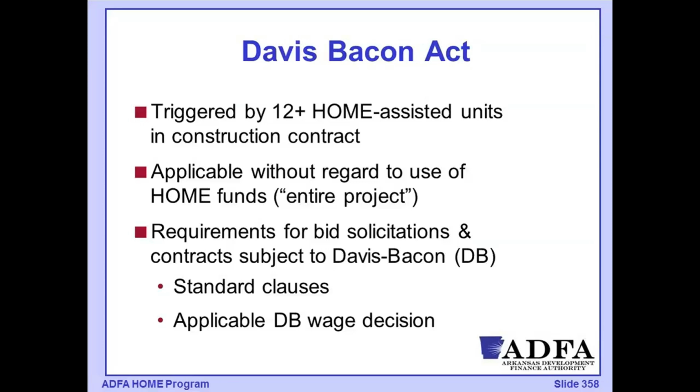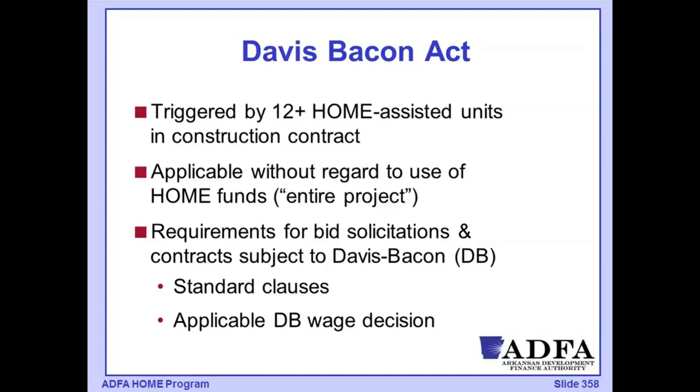So if we have a Davis-Bacon triggering project, there will be requirements as part of the bid solicitation and the contracts that would need to be included. There would be standard clauses within the bid solicitation that would identify that this is a Davis-Bacon project.